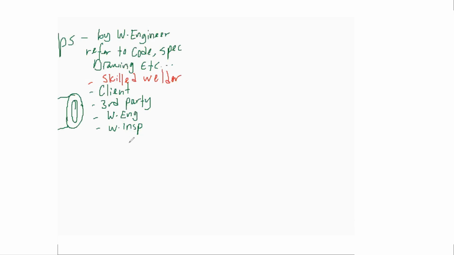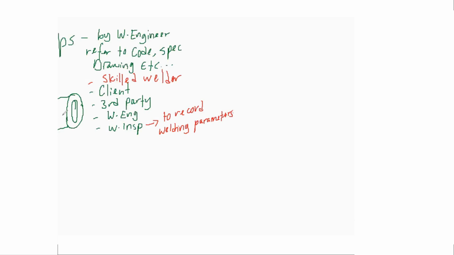So what is the purpose of having the welding inspector here? The welding inspector is to record welding variables, or welding conditions, or welding parameters. That is the purpose of having the welding inspector there.